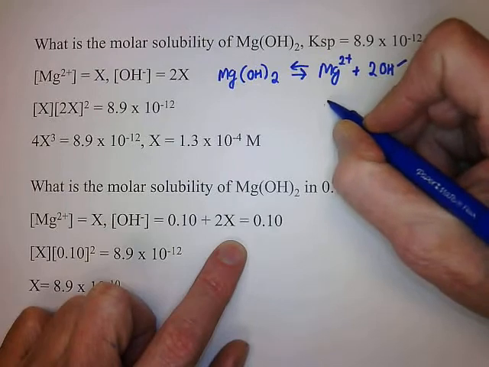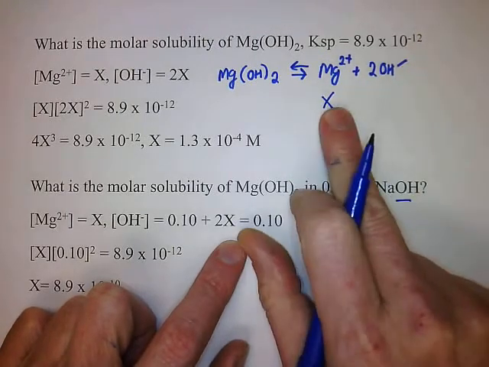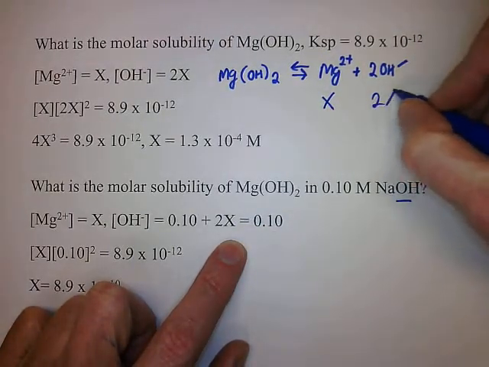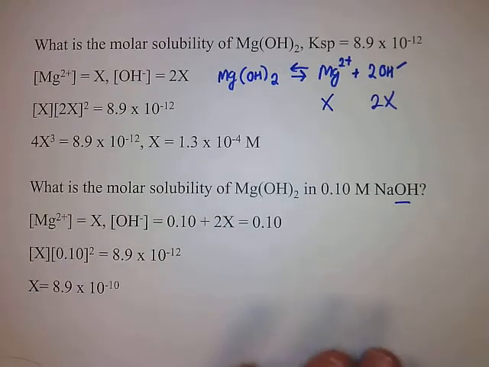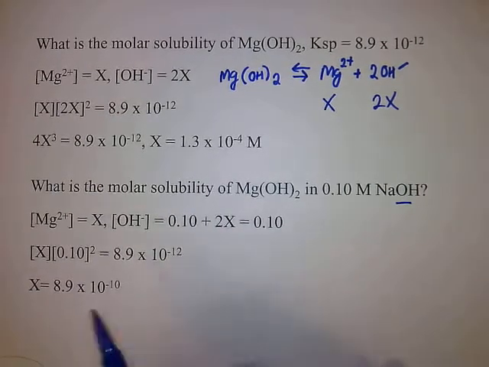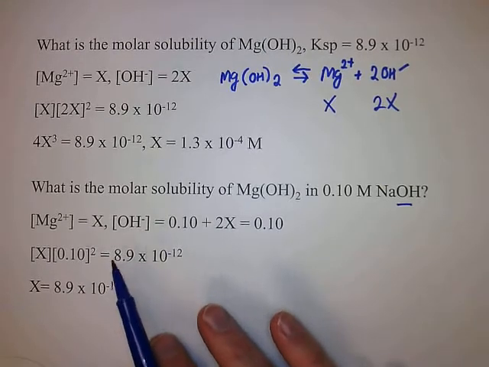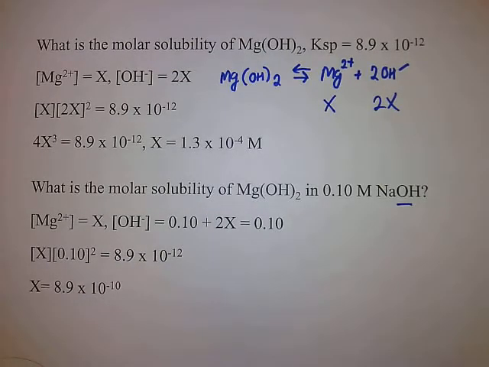Because if X moles dissolve, we'll get X moles of magnesium and 2X moles of hydroxide. So X times 0.1 squared is equal to the KSP, which is 8.9 times 10 to the minus 12, and you divide by 0.1 squared, basically just moving the decimal place over, and you get 8.9 times 10 to the minus 10.